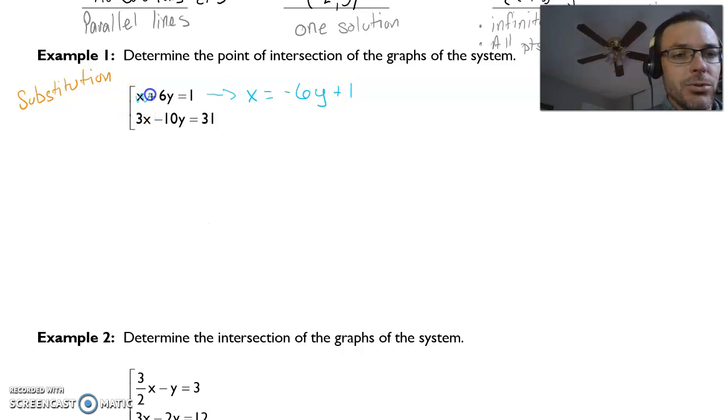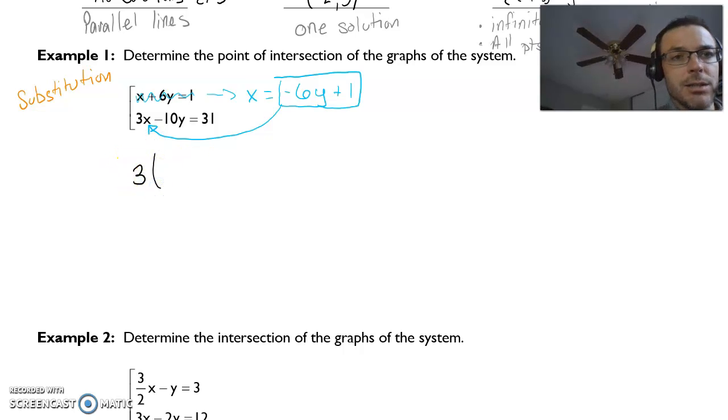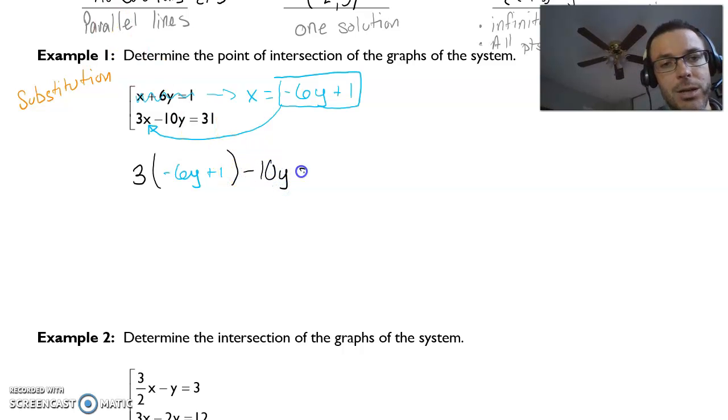Now I'm not using this equation, I'm just going to put a little cross through it, but it's really just rewritten. Now I would substitute negative 6y plus 1 in for x in my second equation. So the second equation becomes 3 times the quantity of negative 6y plus 1 instead of 3x minus 10y equals 31.